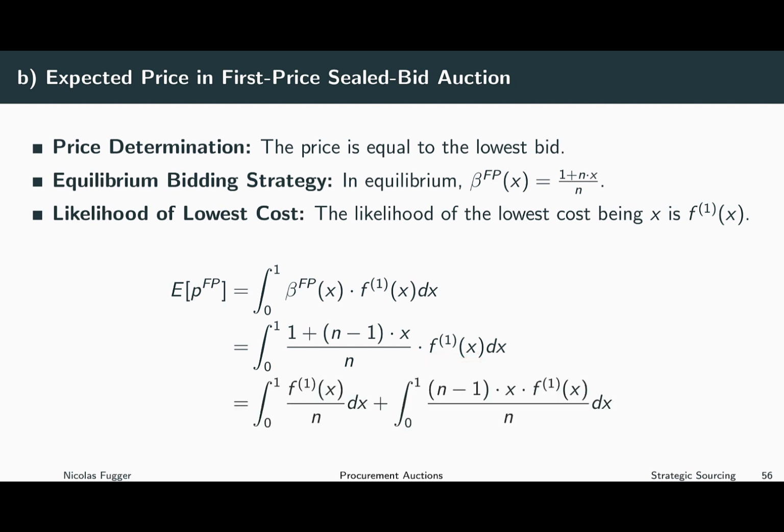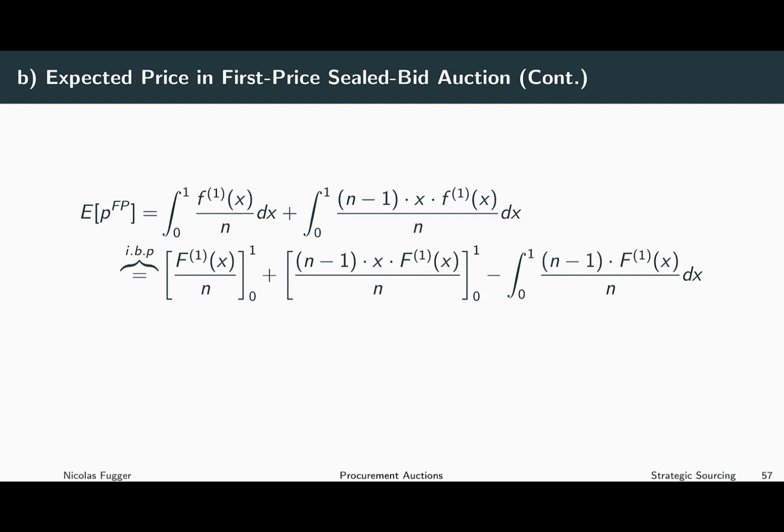What we now do in a second step is we split up this integral here, take this part and take that part, both times multiplied by f1 of x.